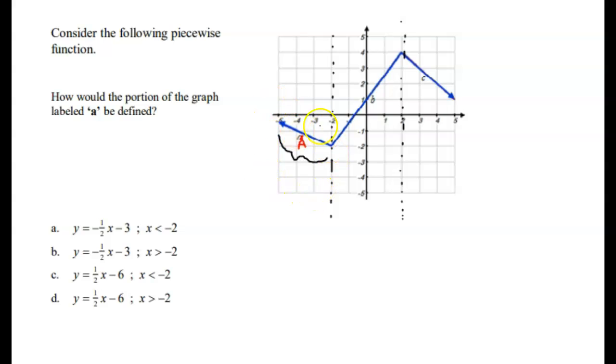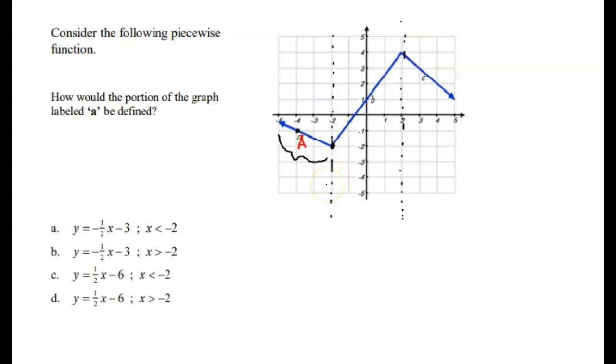So let's go back to the part marked A. I know negative 2 is where that interval break happens. Then I want to look at the equation for this part of the line so I can figure out which one of these is the answer. The best thing to do is look at my 2 points.